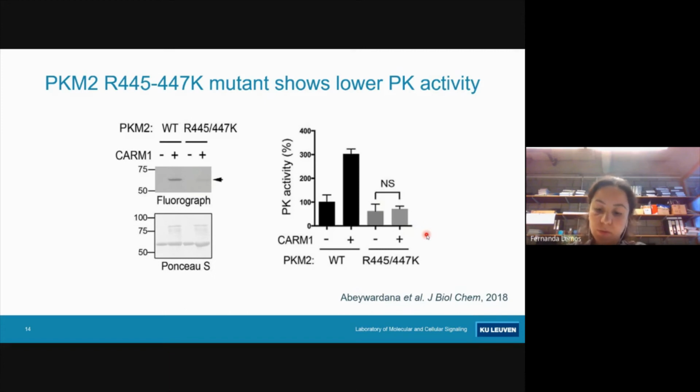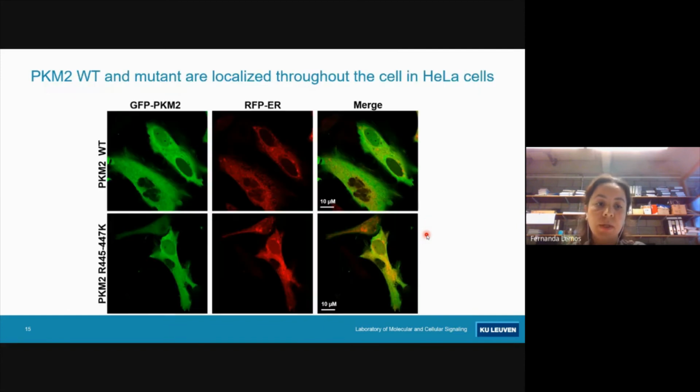So after showing these results, based on the literature, we decided to start with this double mutant of PKM2. We substituted the arginine at positions 445 and 447 with lysine, and we successfully transfected HeLa cells. In this case, it was HeLa PKM2 knockout cells.